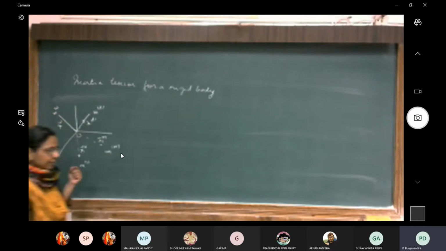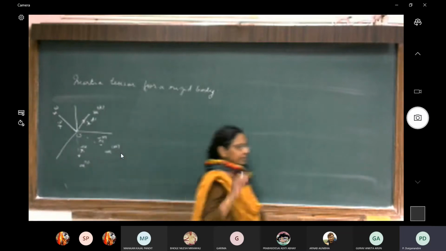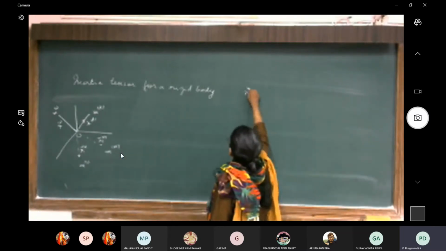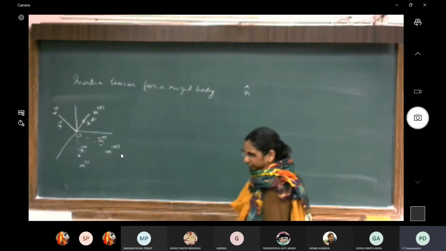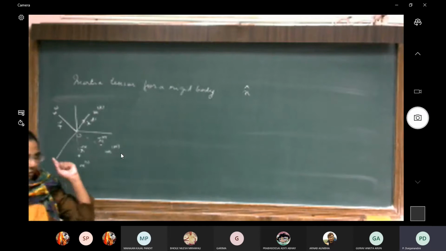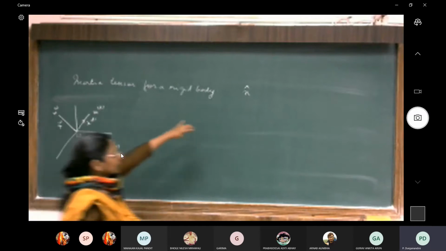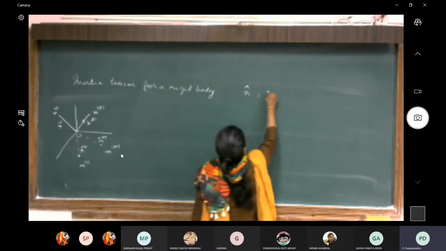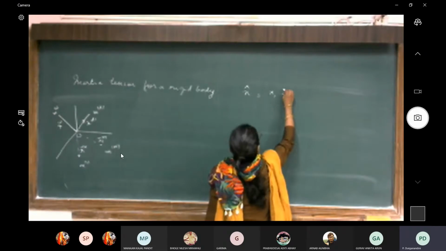And then what I'm doing is taking this whole assembly of particles and rotating it about some axis, which I will specify by the unit vector n cap. Because if I want to rotate about a certain axis, all I need to specify is the direction. So it's enough to specify the unit vector n cap, which I can write like this.